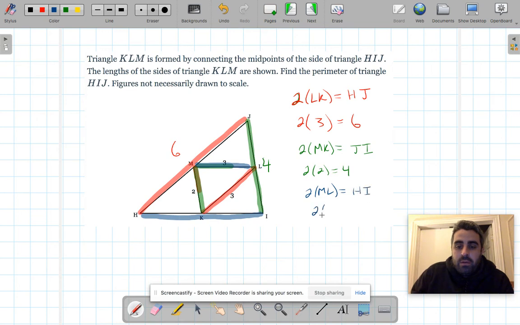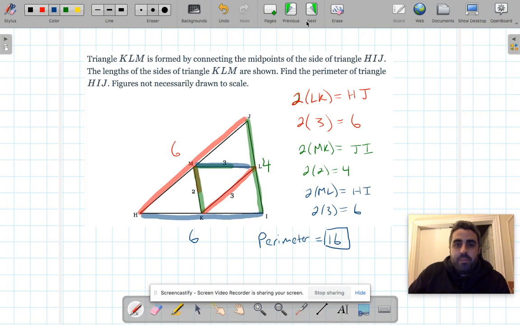So 2 times 3 is 6. So this side is 6 as well. And just like before, for perimeter, we sum our side lengths. So the perimeter of this figure is going to be 6 plus 6 plus 4, which is 16 units.